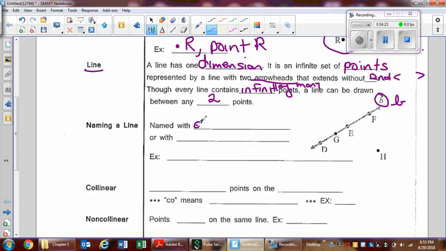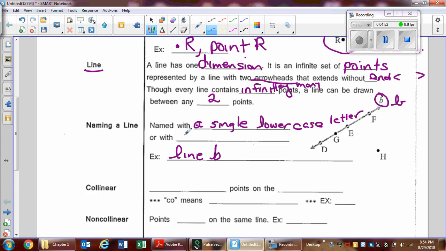So I can use a single lowercase letter. Okay, so if we use one letter, I can say this is line B.